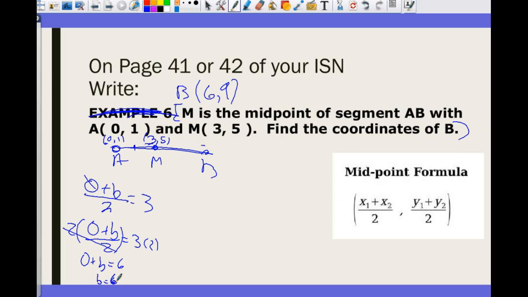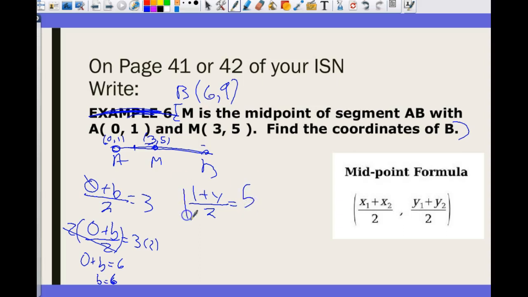We need to solve for the y now. We know y1 is 1 plus an unknown y. What variable do you want to use for y? We can't use b. We already used b. This should be equal to what? 5.